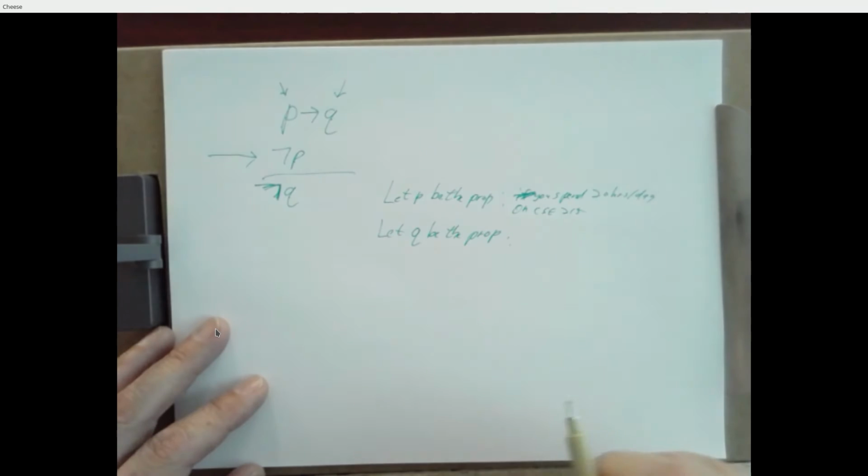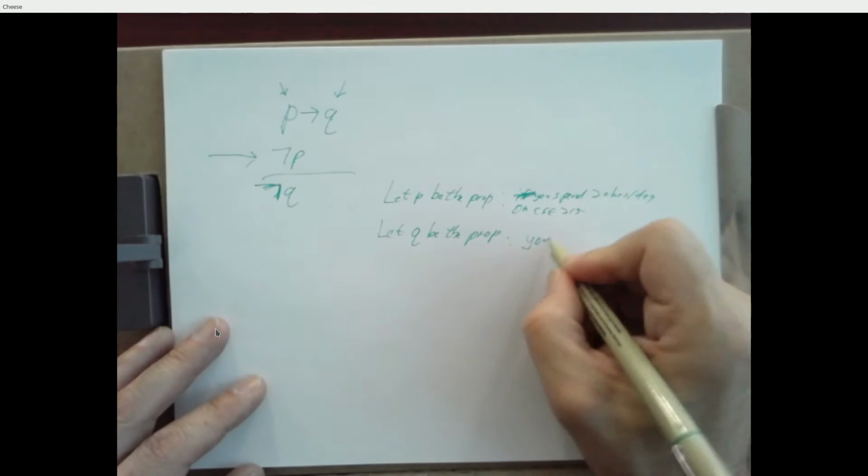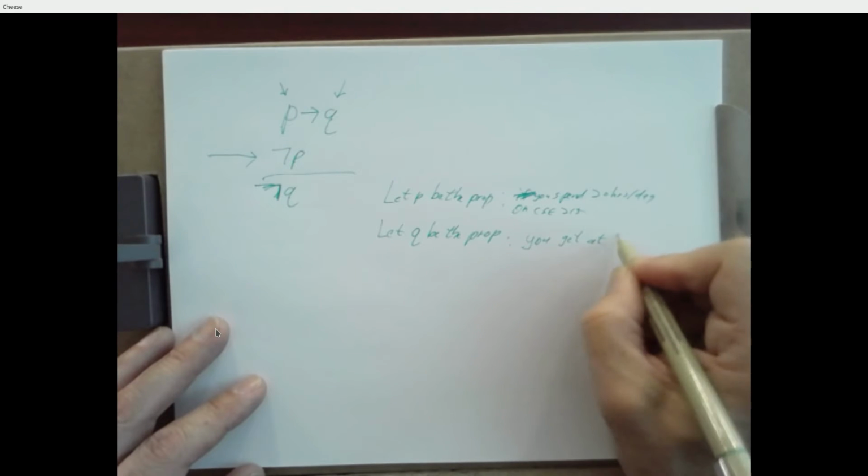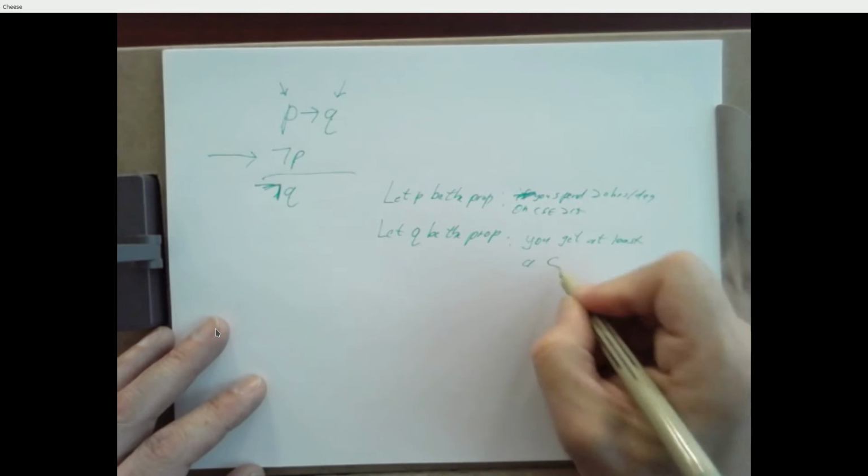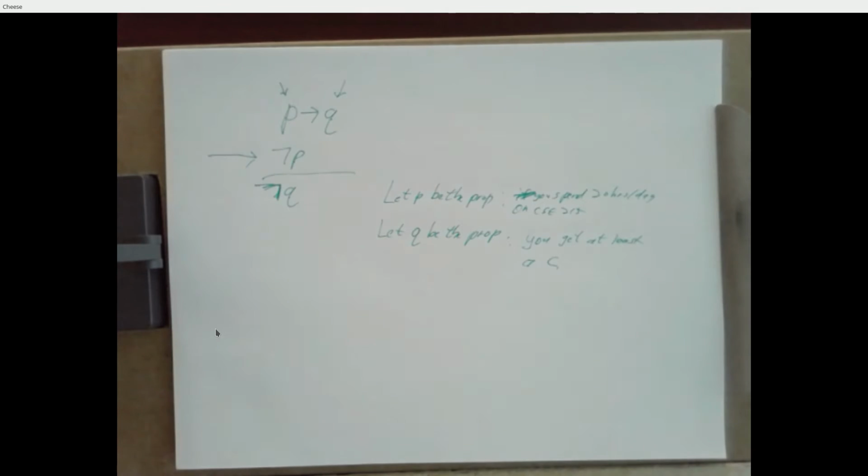You spend 20 hours a day on CSE 215, and Q is the proposition, you get at least a C. And let's suppose that that's true, because if I see you spending 20 hours a week on discrete structures, you're probably going to get a C, right? So if P then Q is absolutely true, okay?